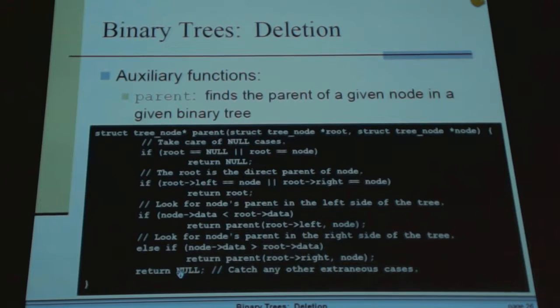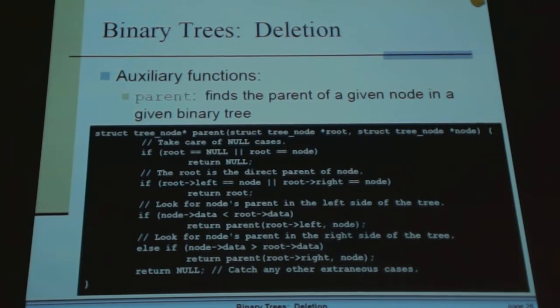Otherwise, we're going to just return a null because there is no relationship happening based on the overall evaluation here. So we're looking to see if we're either null or the node is the same as the root. There's only one element in our binary search tree, so we just go ahead and reset that.